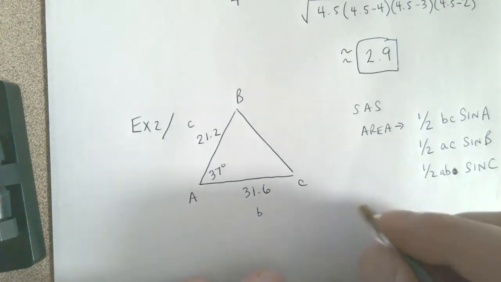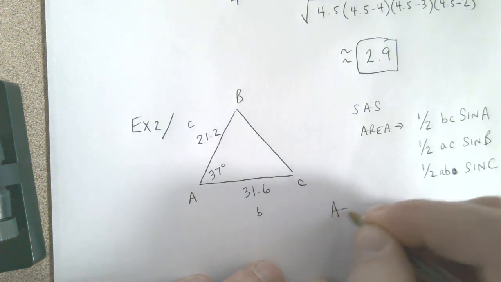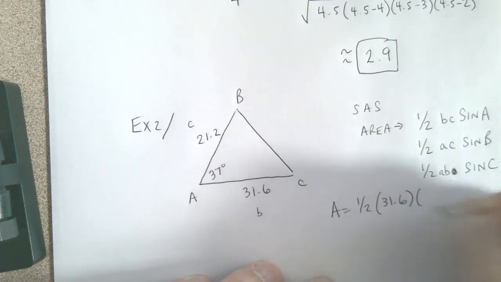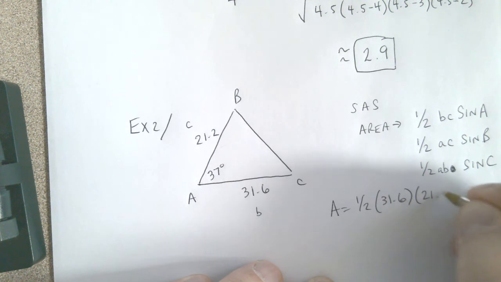So in the given problem, we can say that the area is equal to 1/2 times 31.6 times 21.2 times the sine of 37.